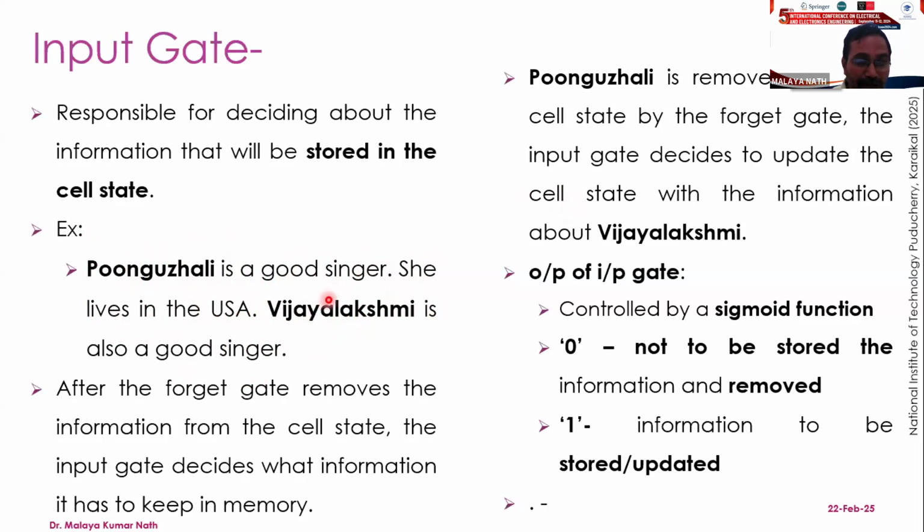So what information has to be added? The information which has to be added in the cell state is nothing but Vijalakshmi is a good singer. So after the forget gate eliminates the information from the cell state, the input gate will decide what information has to be passed into the memory.